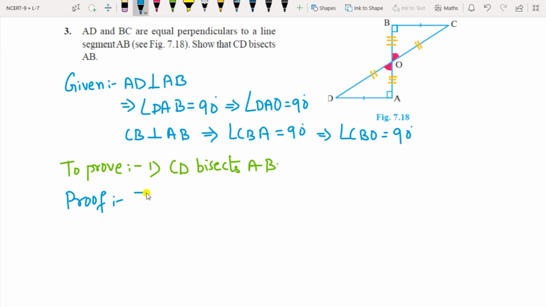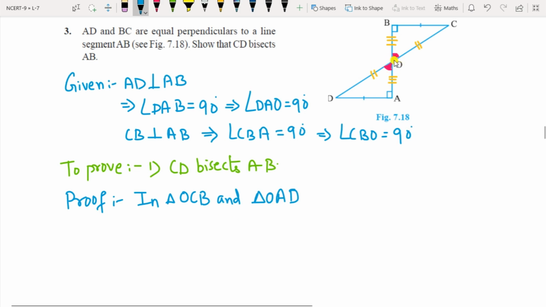So in triangle OCB and triangle OAD, okay, this triangle and this triangle.